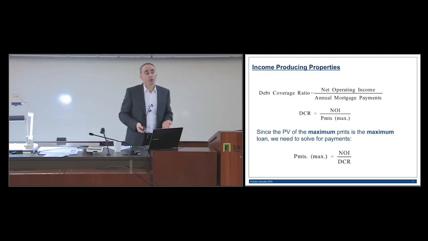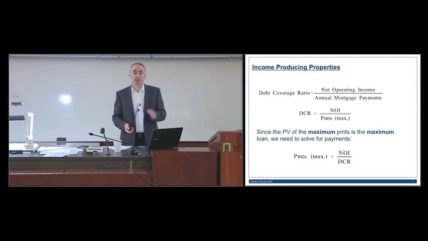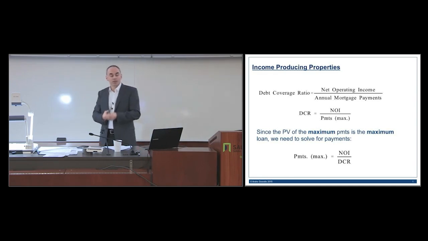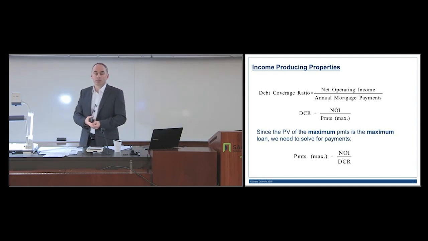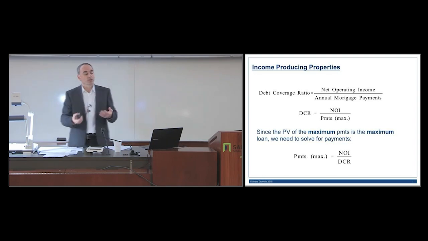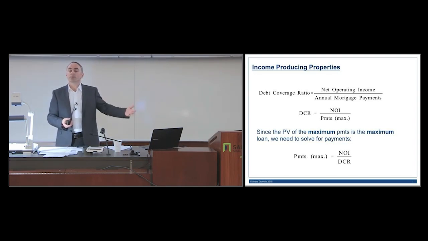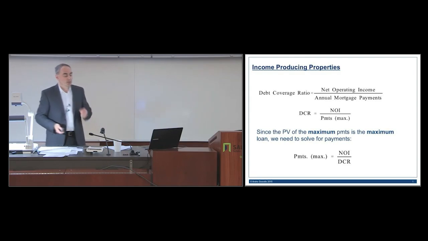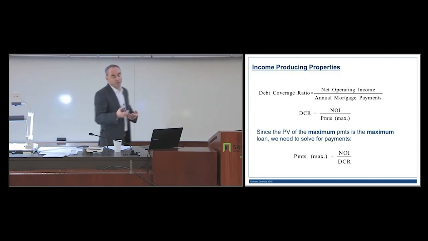Just like we talked about earlier, where the present value of the maximum payments is the maximum loan, the same applies here. Since the present value of the maximum payments is the maximum loan, we need to solve this equation for payments. So we need to put payments on one side of the equal sign and everything else on the other. So we use a little bit of algebra, and we manipulate the equation.